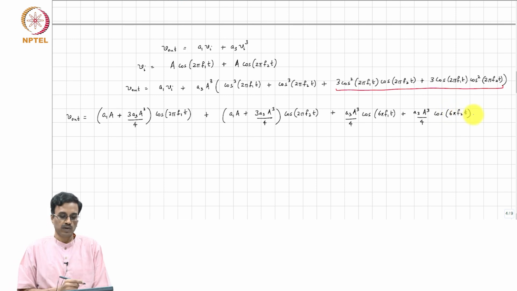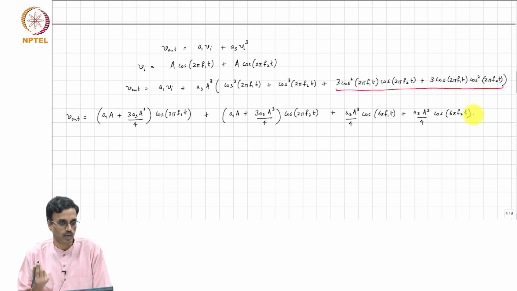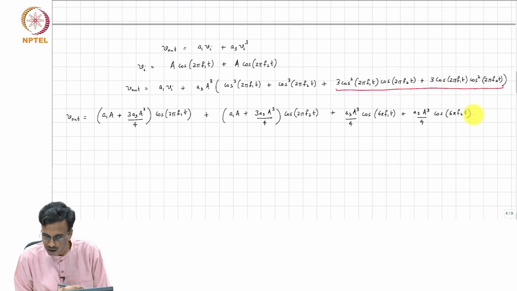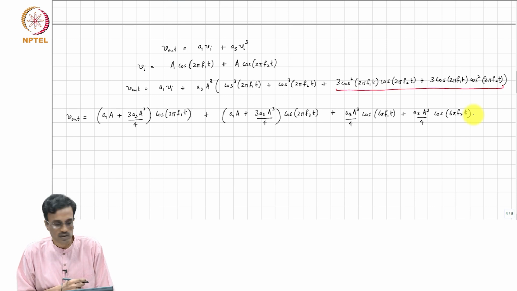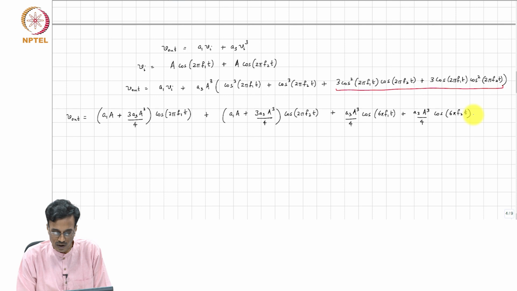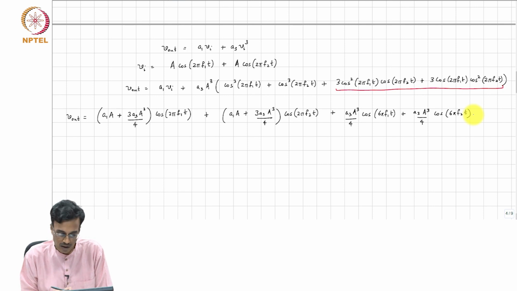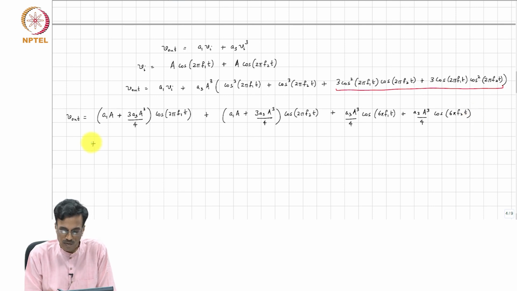So, these are all terms that we are familiar with: gain compression plus third harmonic distortion of the individual tones. And as you might imagine, as in the second order case, the distortion terms were typically not important because they can be easily filtered away. But what you cannot get rid of is basically the intermodulation terms, and that is what we are going to see next.